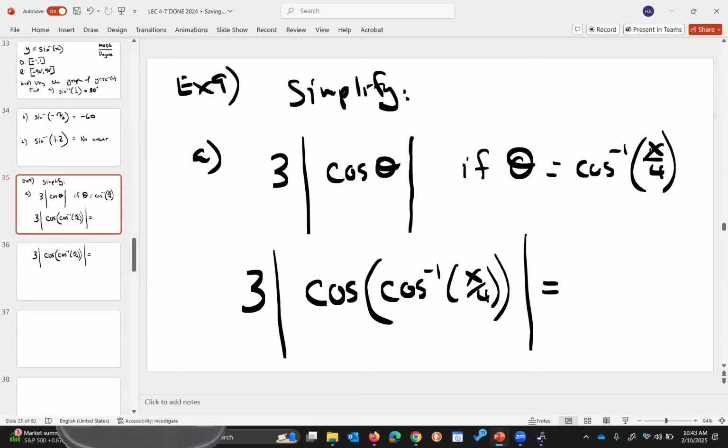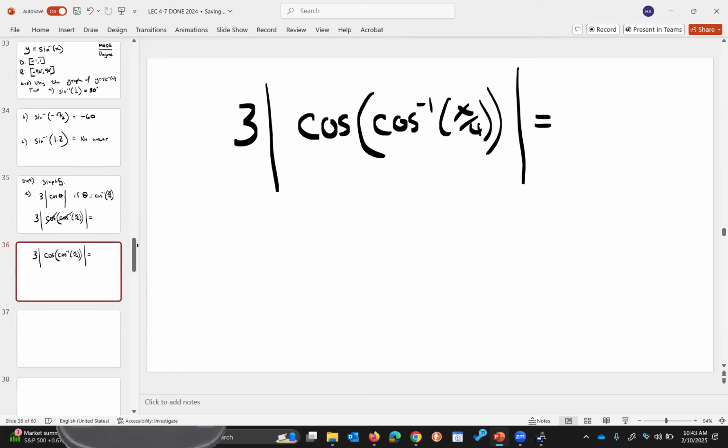Okay, we have ourselves variables now. We good? X is a real number. So real quick, if you have a function and then you have its inverse function, what happens to those two functions? They cancel. Absolutely. These two right here should cancel out.